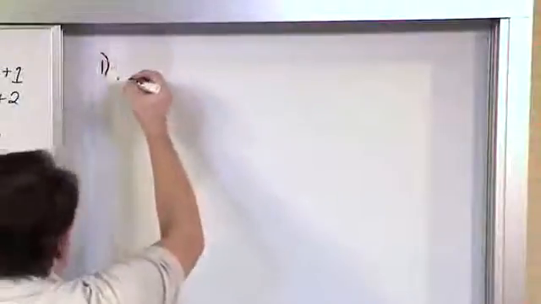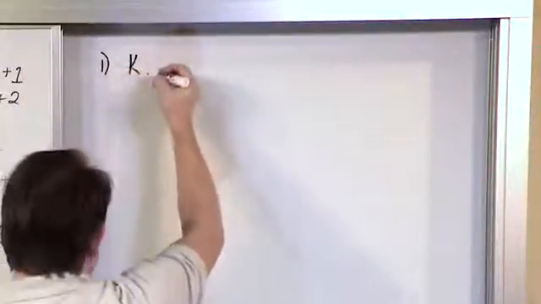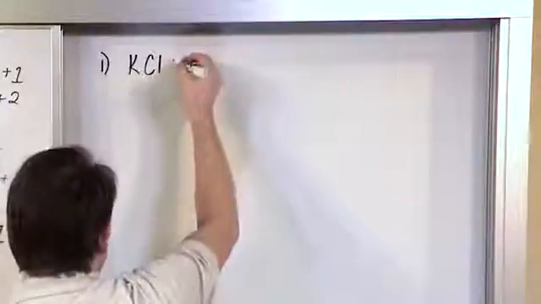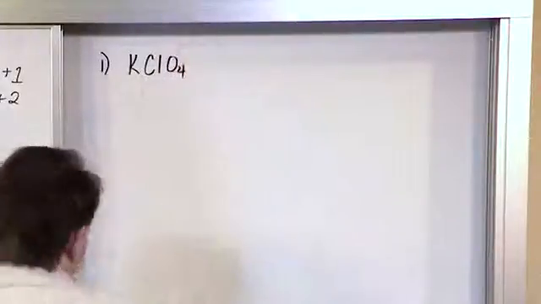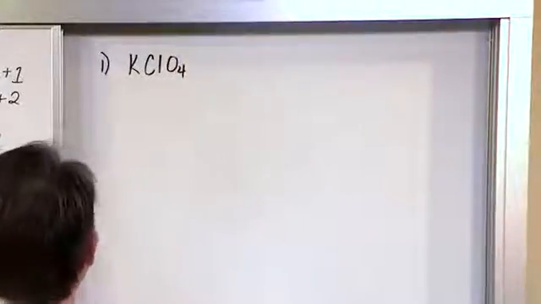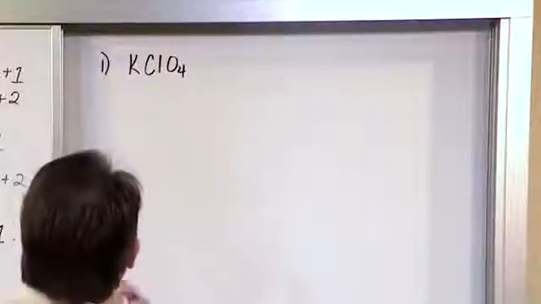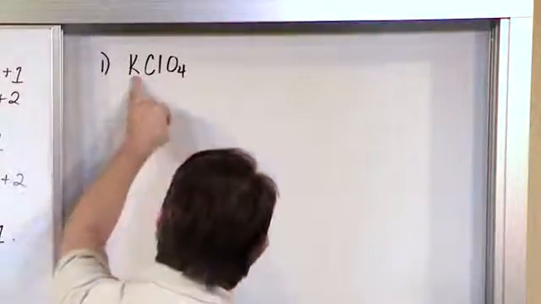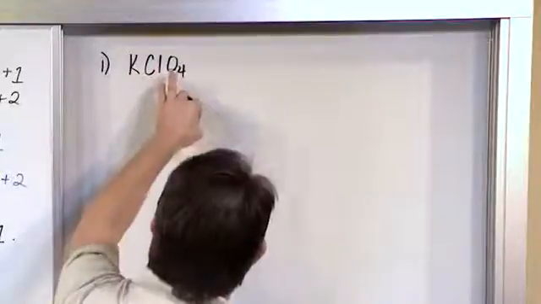So let's do problem number 1. We have KClO4. This is a compound. We've got potassium atoms, chlorine atoms, and oxygen atoms.